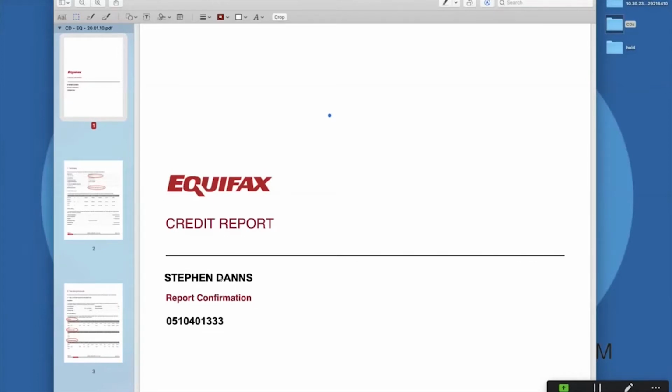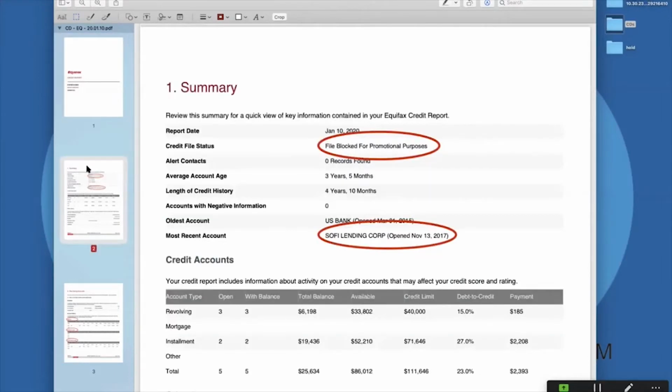For the front of this cover, they're only using the first and last name. But the report confirmation, each one of the credit bureaus has it. Some call it a report ID, some call it a file identification. Equifax calls it a report confirmation number. This is the number that you would include in any disputes of the data points that we're going to be discussing here today. Let's go to number 1, the summary of accounts.